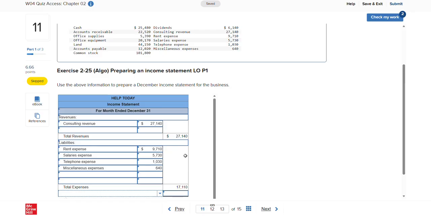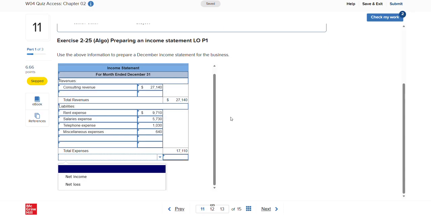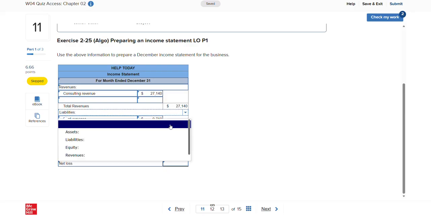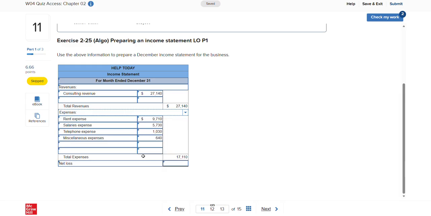Okay, so we had a net income of, what's the difference between that? 27,140 revenue minus the 17,110 in liabilities. Sorry, I did not mean liabilities, I meant expenses.